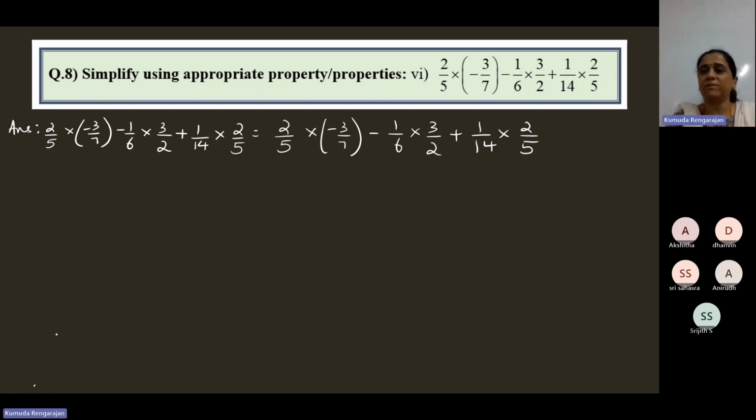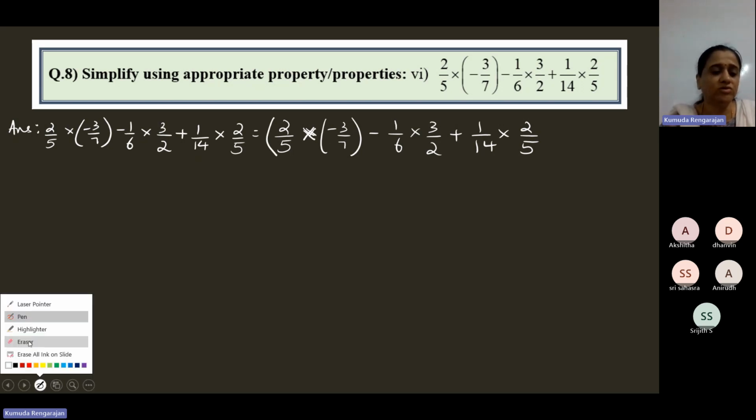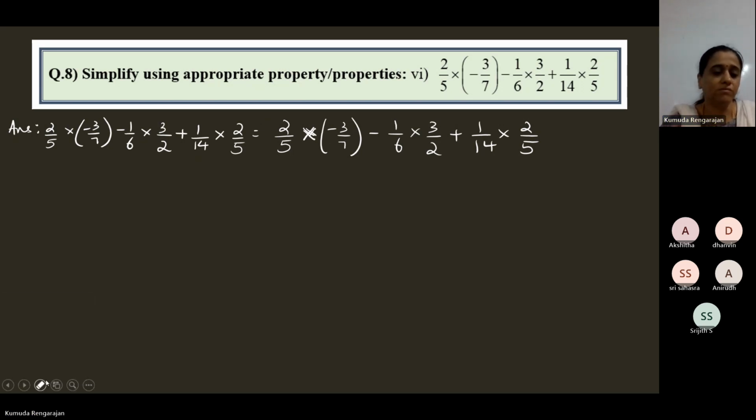Insert bracket. Start the bracket. See, this is the multiplication sign. This is the number. 2 by 5 is the number before that. Start the bracket before that. Now there's already a simple bracket, so you can use a square bracket. So start the square bracket here.